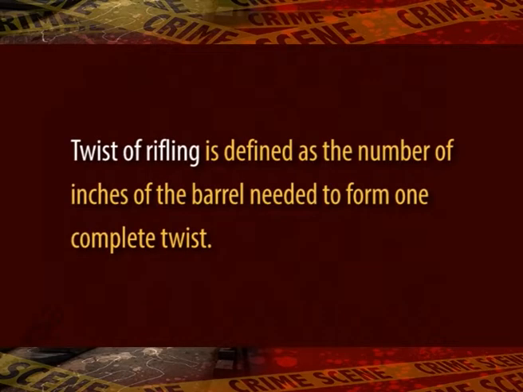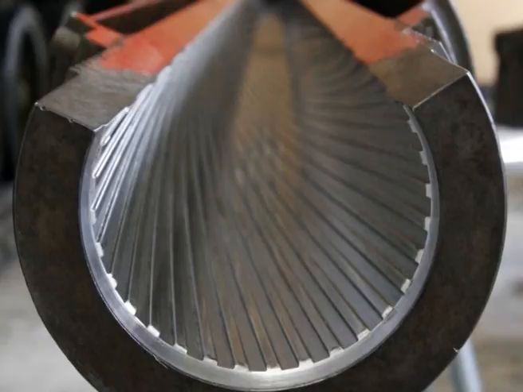Twist of rifling is defined as the number of inches of the barrel needed to form one complete twist. For most modern weapons, this is consistent throughout the barrel's length. The actual degree of the twist cut within the barrel of a firearm is calculated in accordance with the bore of the firearm, length, velocity, weight and the density of the intended bullet.